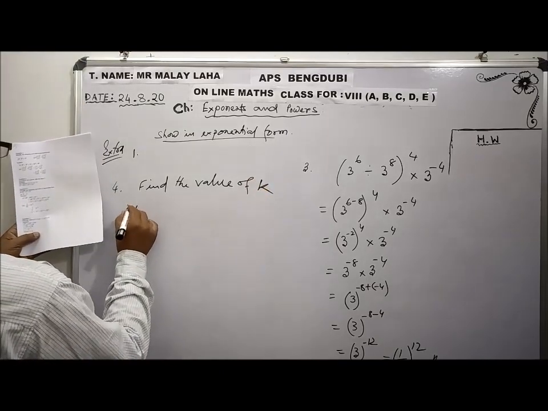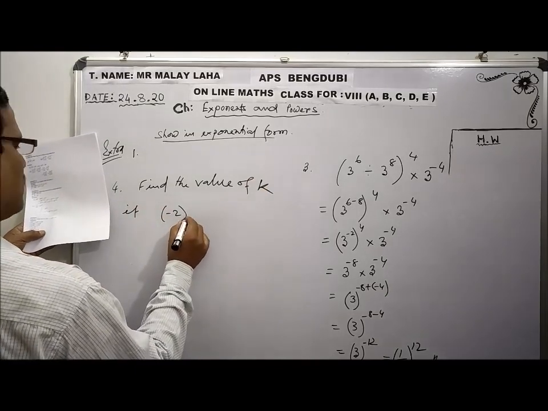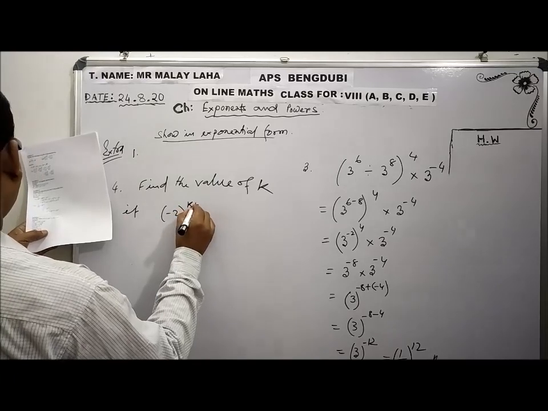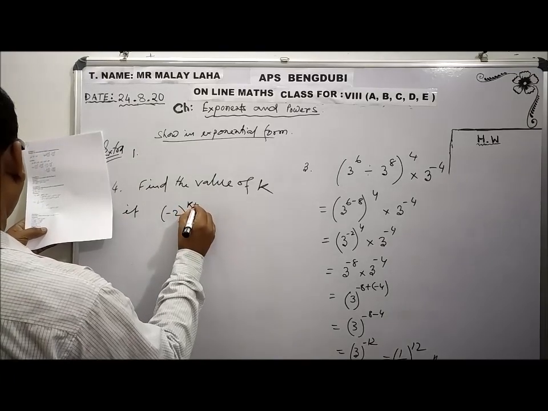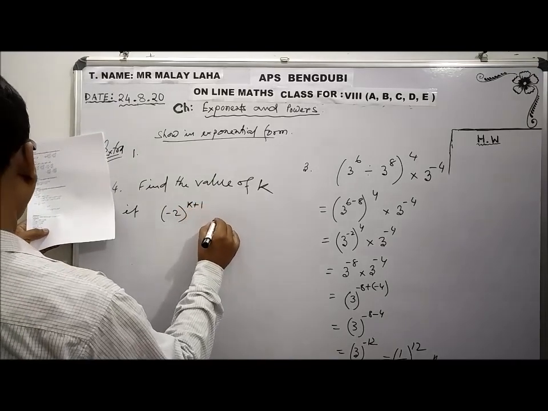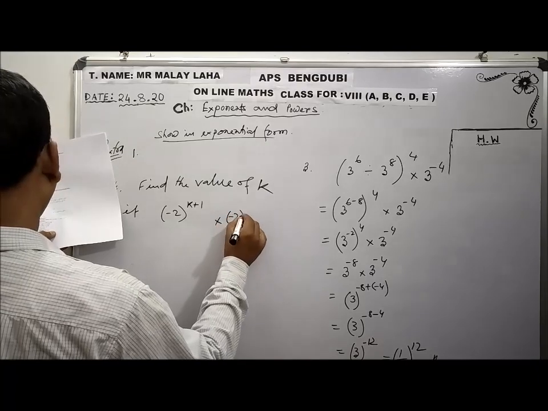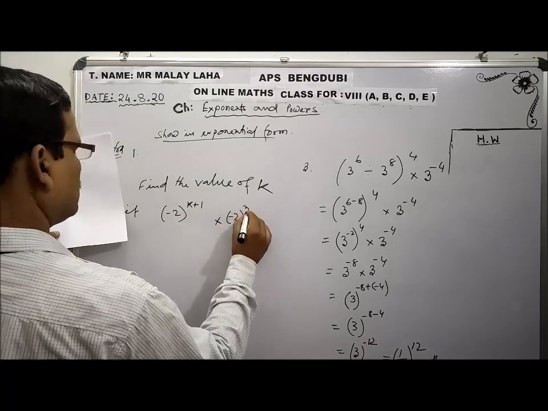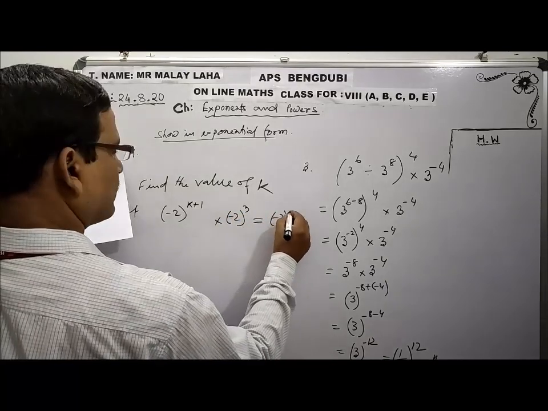If minus 2 raised to k plus 1, into minus 2 raised to 3, equals minus 2 raised to 7.